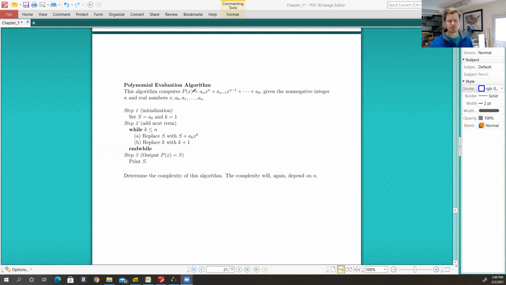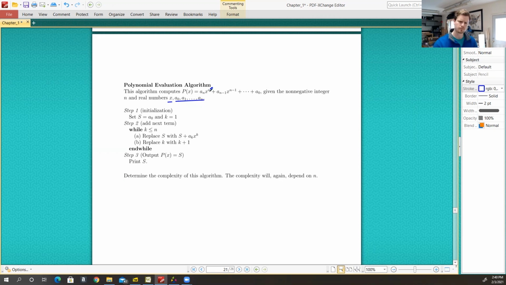So this algorithm computes this polynomial given the non-negative integer n, the power of the polynomial or the degree of the polynomial, and then all of the coefficients and the value that we want to evaluate the polynomial at. So essentially we're just inputting all of these things, not the polynomial itself, just telling it x and all the coefficient values.